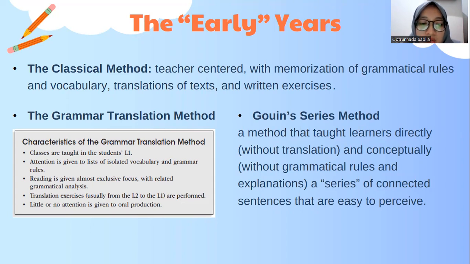And then next, the Gouin Series method. This method was backgrounded by an experience when Gouin found that his nephew succeeded so easily in learning his first language. The Series method taught learners directly without translation and conceptually without grammatical rules and explanations, using a series of connected sentences that are easy to perceive.